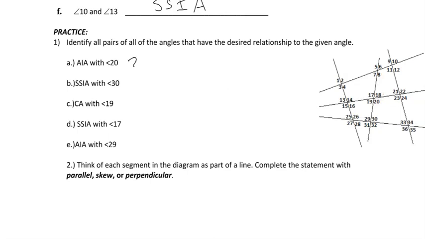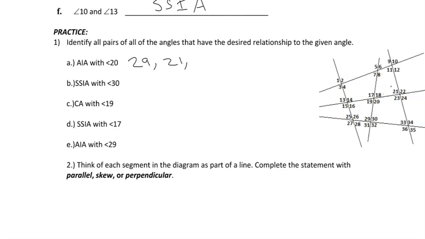So 29 is one of my answers. What about if it was this line and that was my transversal? Then it would be 20 and 21. Are there any other angles that would be alternate interior? Nope, those are the only two. So that's tricky because you have to be able to go over and figure out what are the two intersections, what are my lines and the transversal, and ignore everything else.